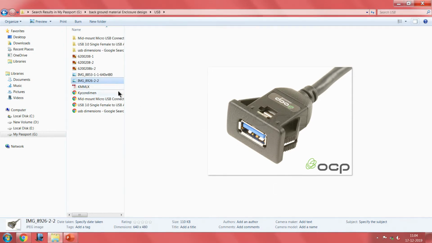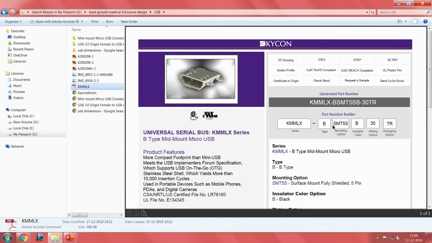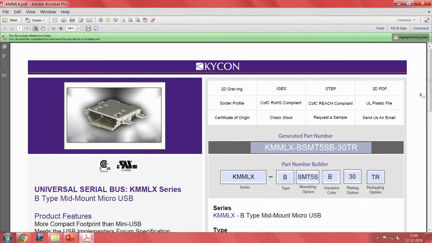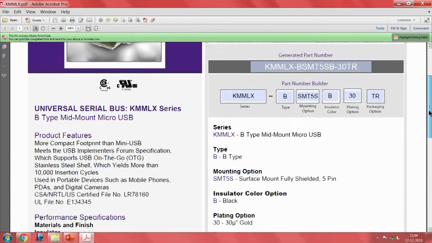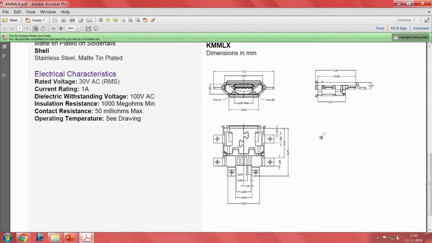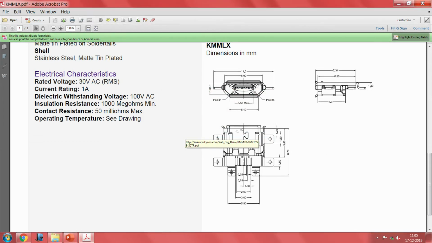These things, if you see carefully, come with a huge amount of documentation, and what you would like to use in your design is already there.